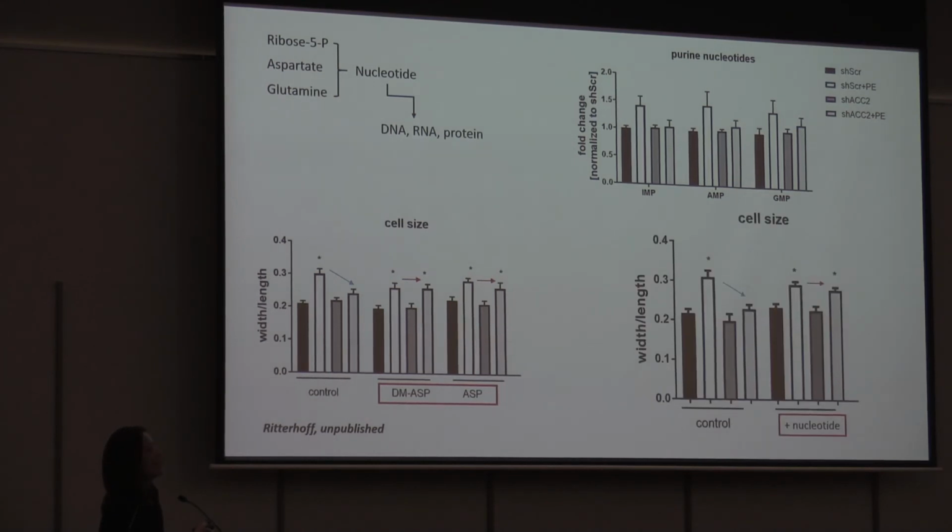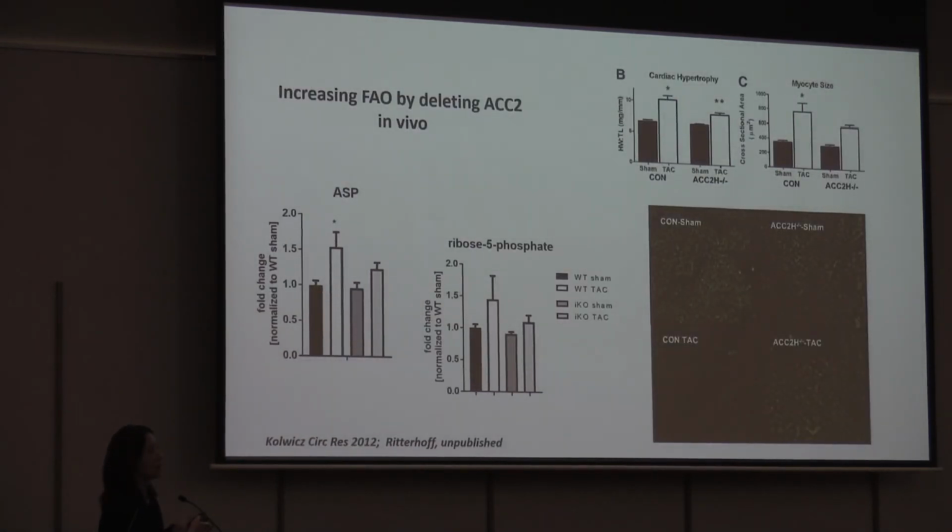A similar thing can happen if we just supply a lot of nucleotide. We also find a similar mechanism in vivo: the ACC2 knockout mice, which have high fatty acid oxidation, have decreased hypertrophy. They have lower ribose phosphate level, and the aspartate level is no longer increased.